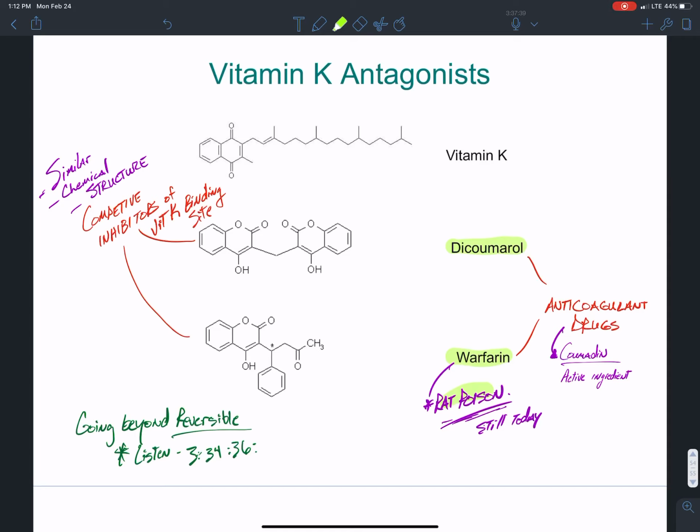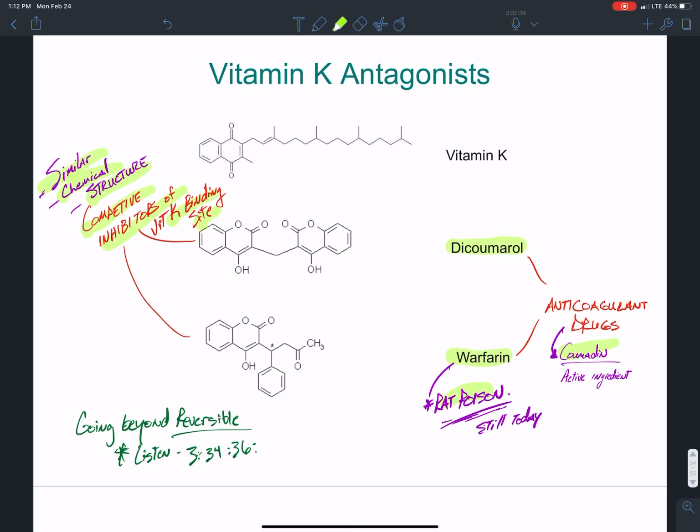And now it's used in Coumadin, which is a statin that's to help regulate blood thickness, I believe. So why does it work? Well, because they're similar chemical structures, and they're competitive inhibitors of vitamin K at the binding site.